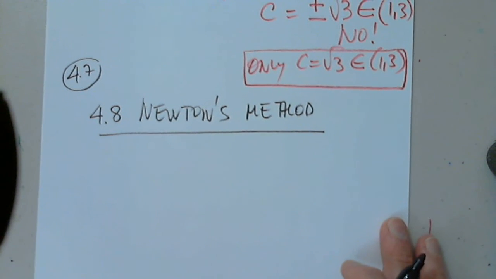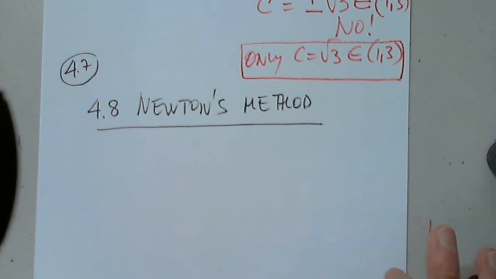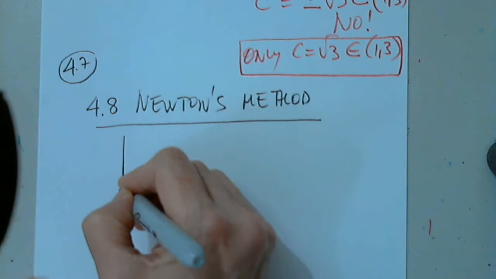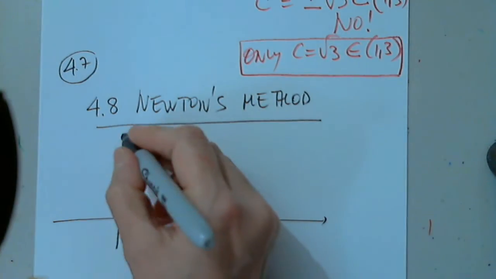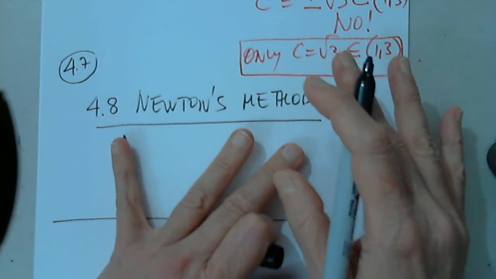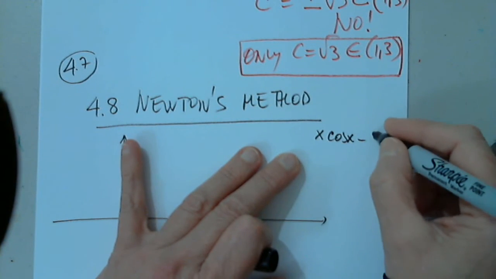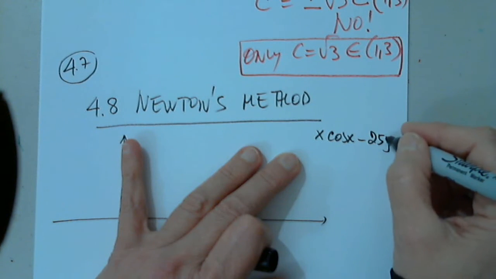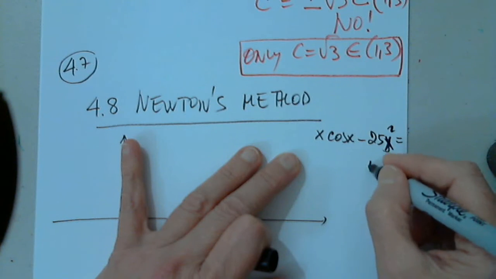Follow me with my explanation, and then we'll state Newton's method. We're going to do it through an example. Let's suppose I want to solve the equation x cosine x minus 25 x squared equals 5.